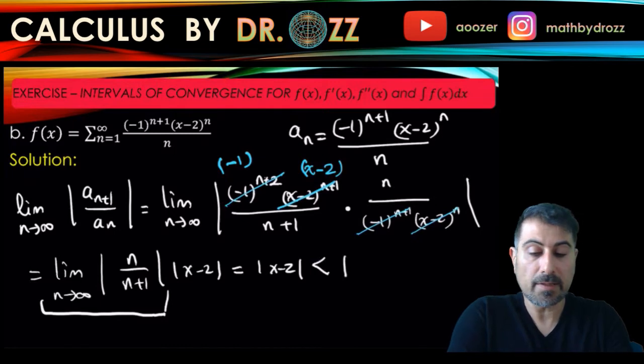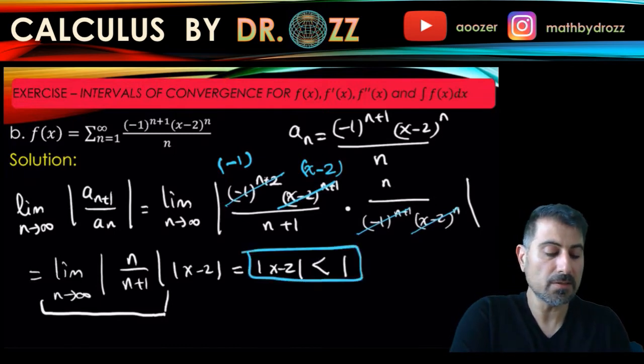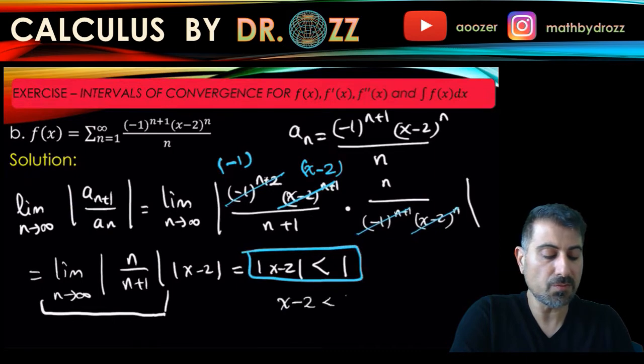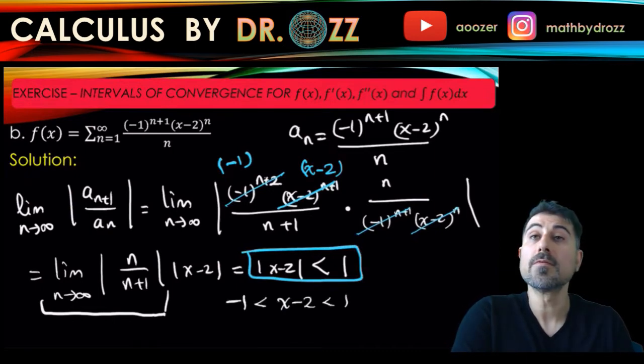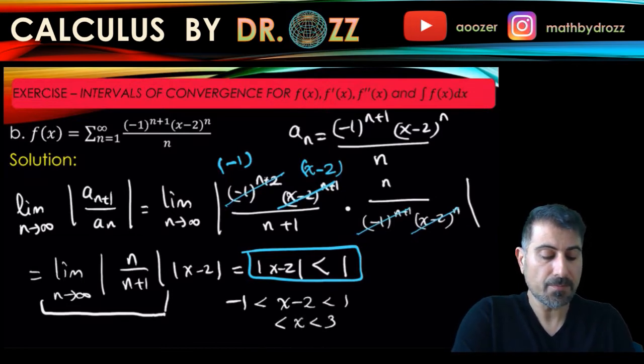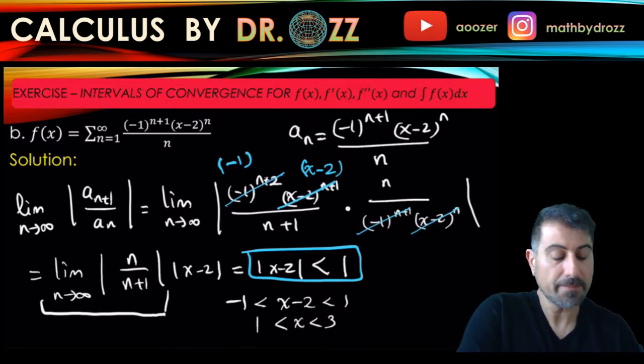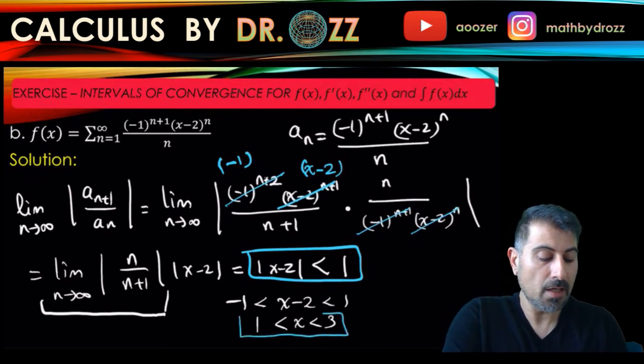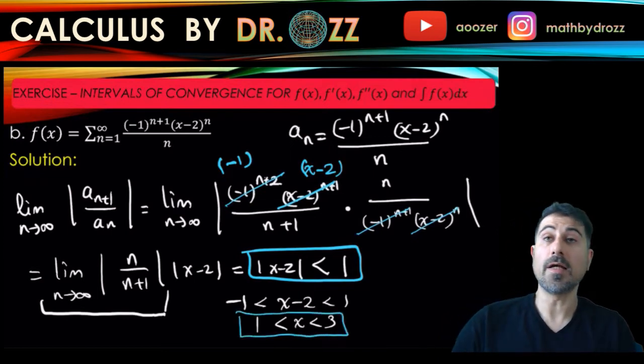Okay, so now let's analyze what this means. Well, this essentially means that x minus 2 is between 1 and negative 1. And by adding 2 to every side of the inequality, you get 3 and 1 here. So the interval of convergence is 1 and 3.